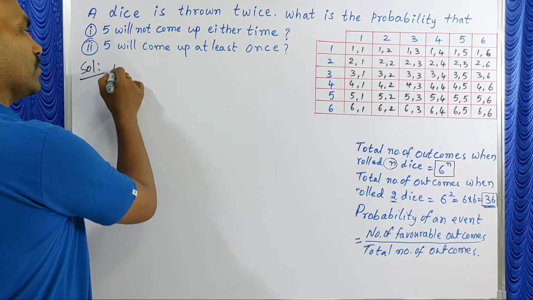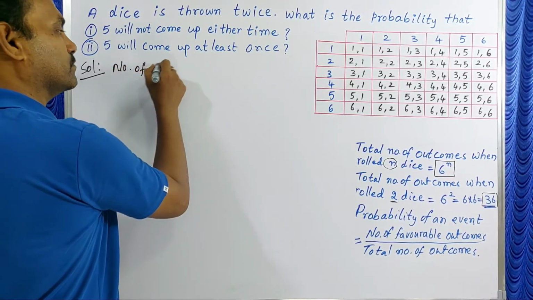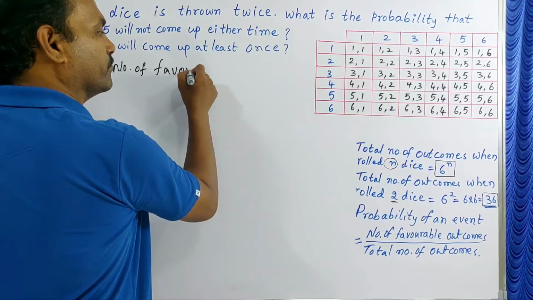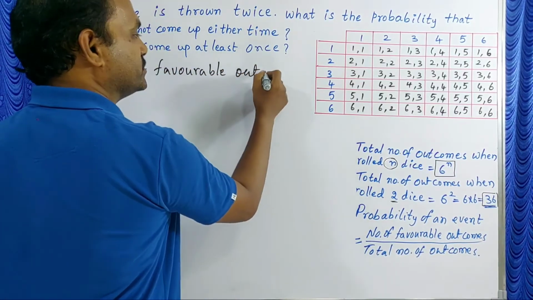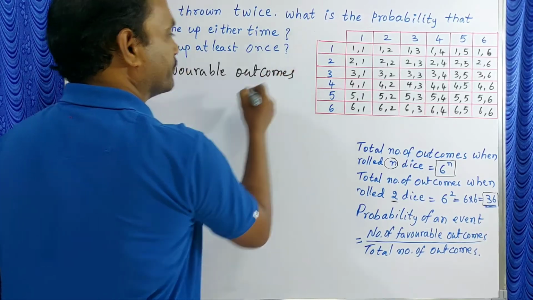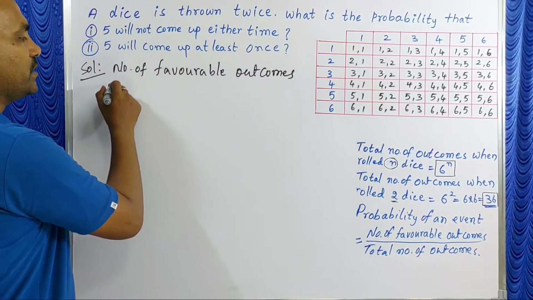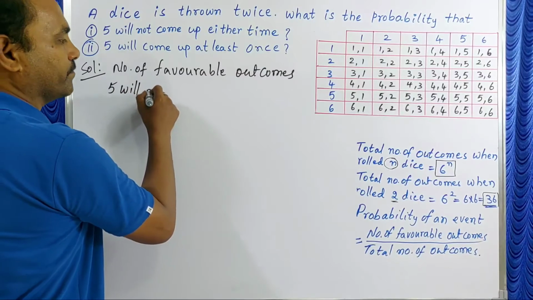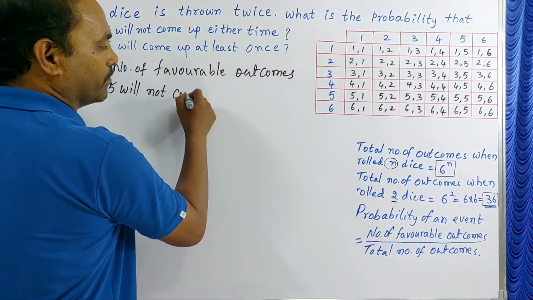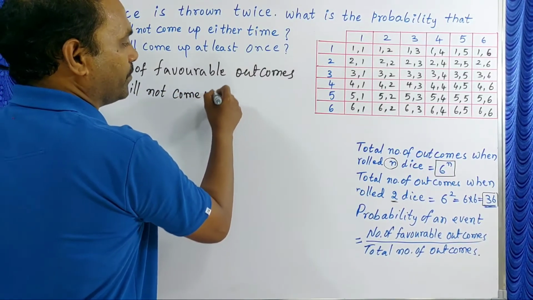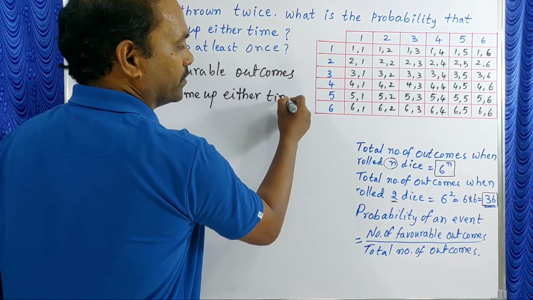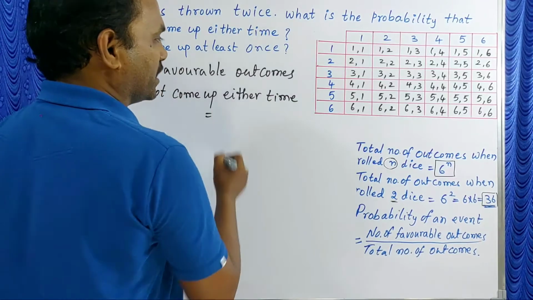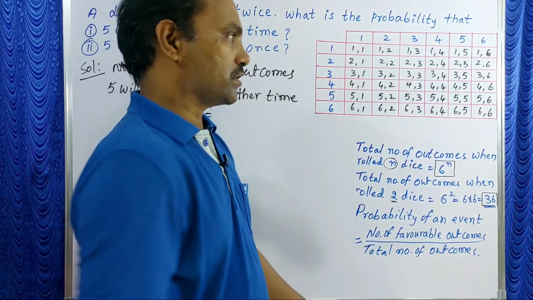So, number of favorable outcomes. 5 will not come up either time. So, how many are there without 5? Count here.